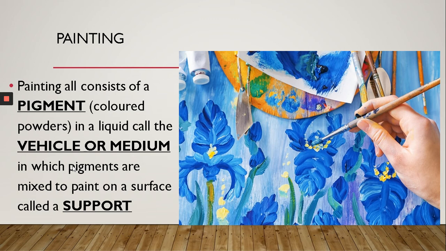Oils, the powder would be mixed with an oil base. And these things then get placed on what we call a support. The support would be your canvas or your paper that you are actually working on. So pigment powders get mixed into a vehicle or a medium, and then they get placed onto a support.